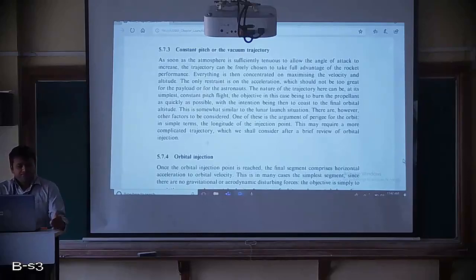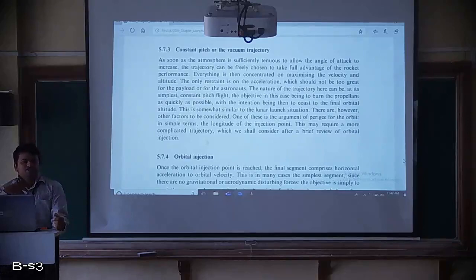So see, as soon as our atmosphere is slowly allowing us to change the angle of attack, then we can increase the angle of attack slowly and carefully choose the trajectory for the rocket here.